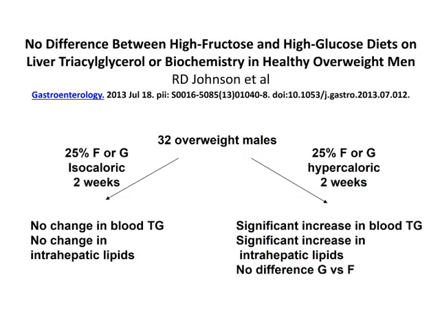And similar observations were recently reported by a British group. That's a study which is available online, but which is not yet published. And in this study, 32 overweight males were studied. They were randomized to receive fructose or glucose, and they were studied on 2 occasions.